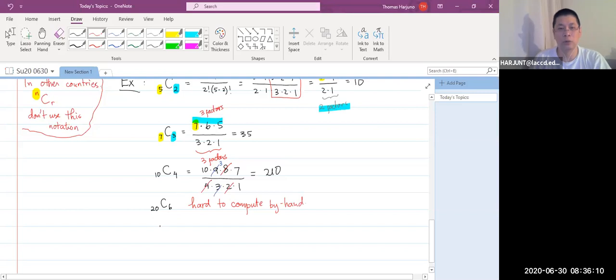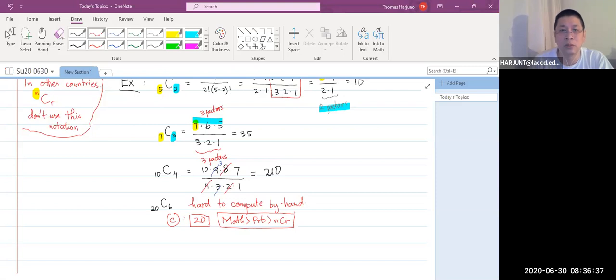Then let's use the calculator. That will be press 20 first, and then math, PRB, and NCR, and then 6, and then enter.